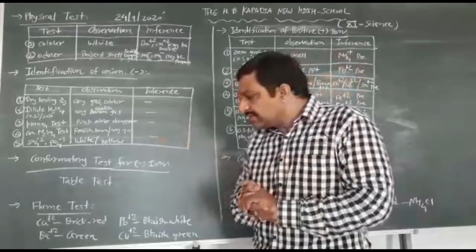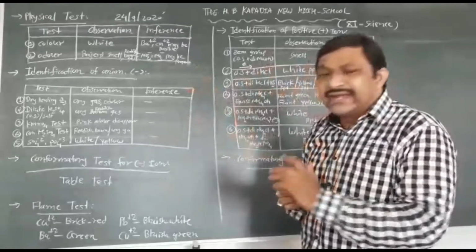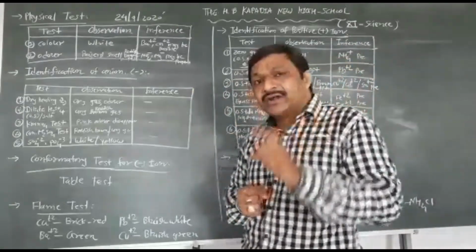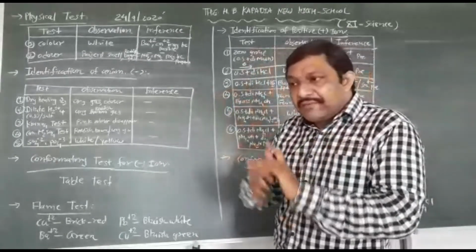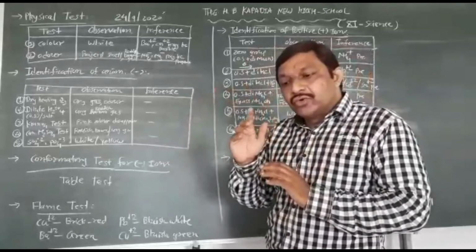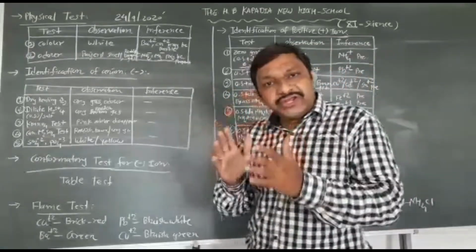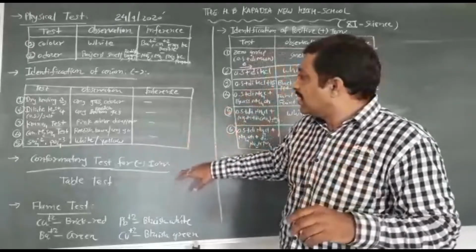So here is your test for anion. Then you have to catch any one anion, and in your manual many anion tables are there. You have to read your test and perform the confirmatory test.